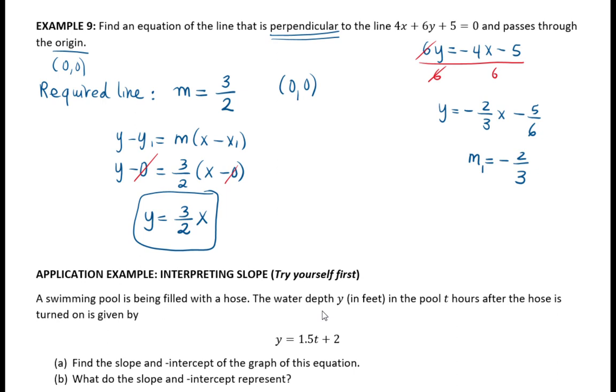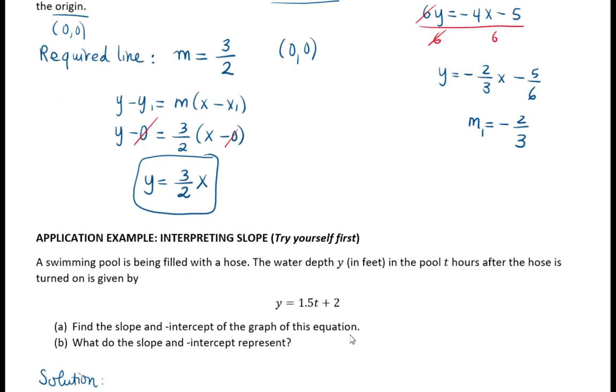Now as an example, this problem gives you the water depth y in the pool after t hours. So when you turn on the hose, it's given as a linear equation. That's a line, right? The slope is, as you see, 1.5 and the y-intercept is 2. You can clearly see that. But what it really means in terms of the problem, folks, is the slope represents what we call the rate of change.